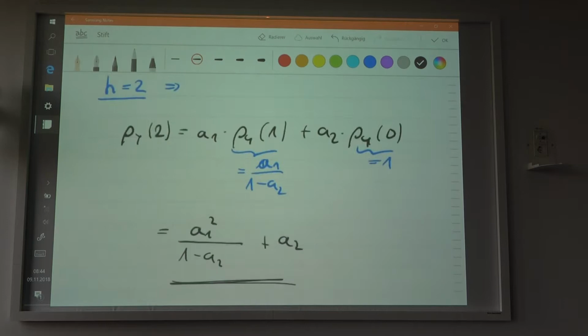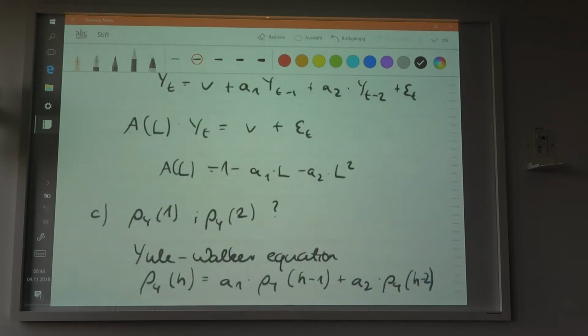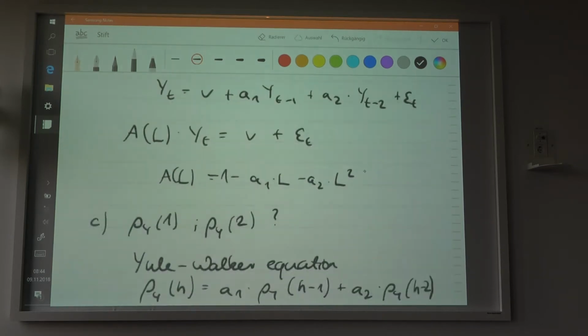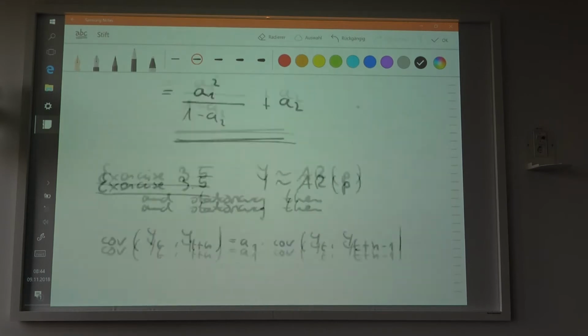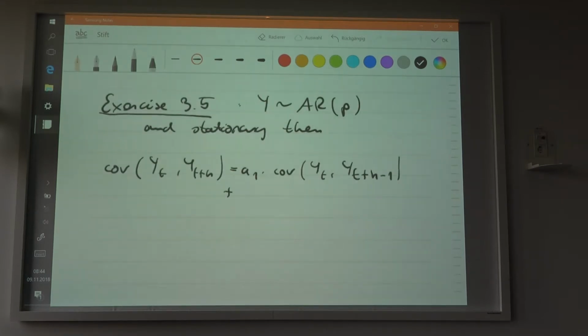This is the same here, as you can see. For the autocorrelation and the autocovariance, we have the same. So you have h minus 1, that's a time lag that you have here. Then you have a2 times the autocovariance of yt and yt plus h minus 2, and so forth.